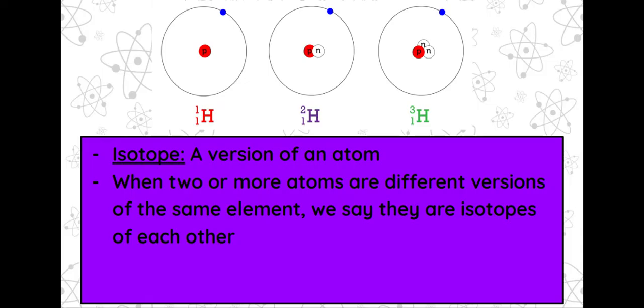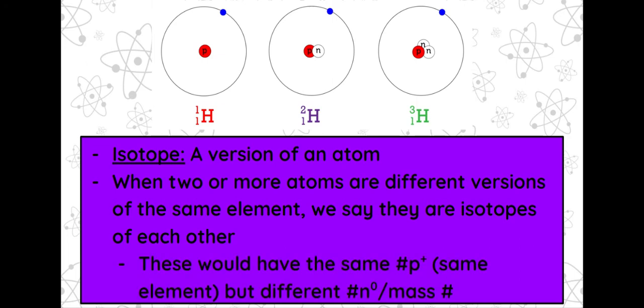How do we know that they're different versions of that same element? We would know that because they'd have the same number of protons, indicating they're the same element, but they would have different numbers of neutrons. And because they have different neutrons, they also have different mass numbers.